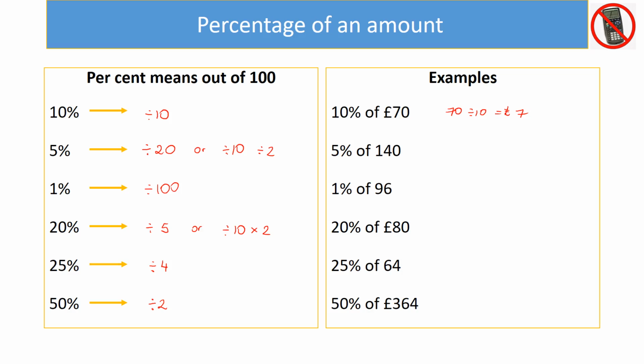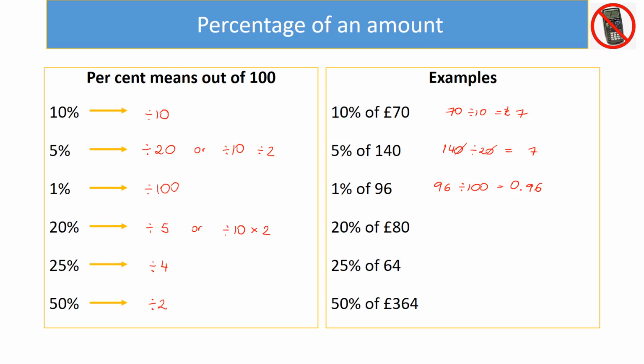Okay, so 140 divided by 20, I could get rid of the zeros. Okay, that is also 7. If I want to work out 1% of 96, I need to divide 96 by 100. Okay, and that is 0.96. Remember, you need to move the decimal point to the left twice.